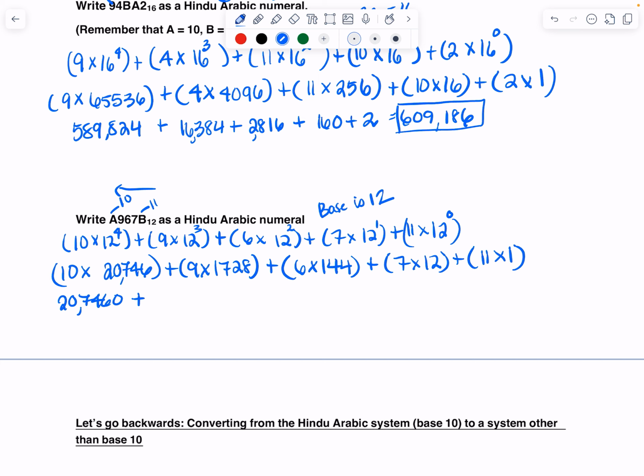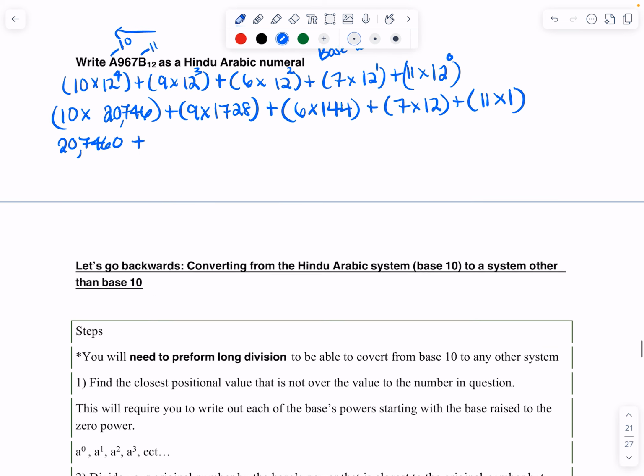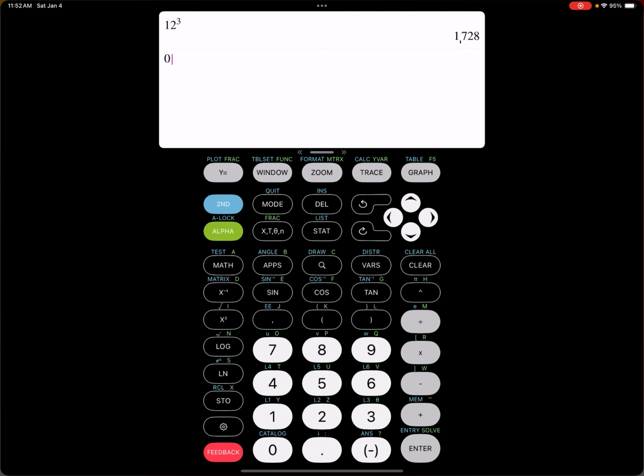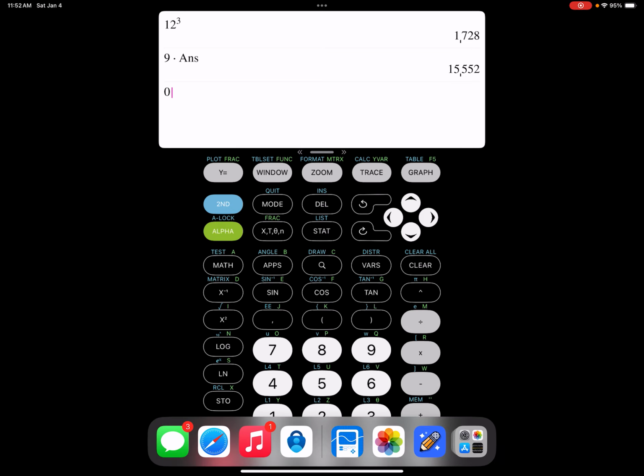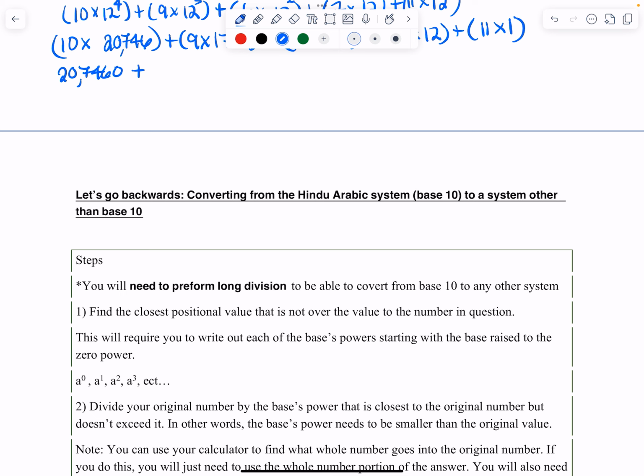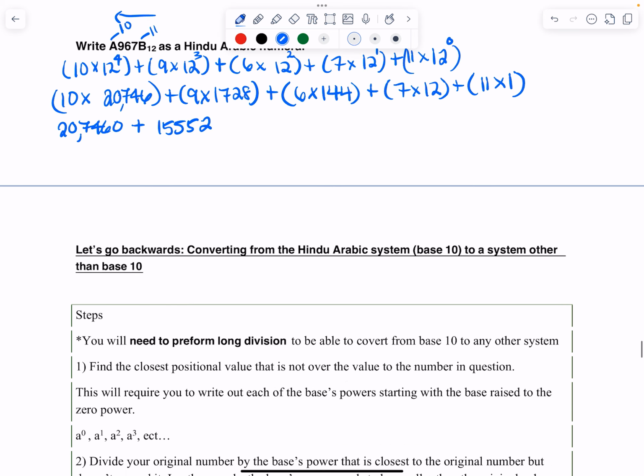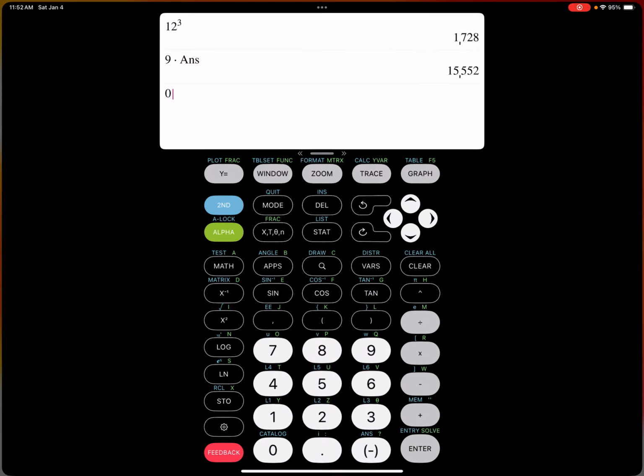I'm going to take 9 times 1728. I get 15,552. Okay. Plus, I need to figure out what 6 times 144 is.